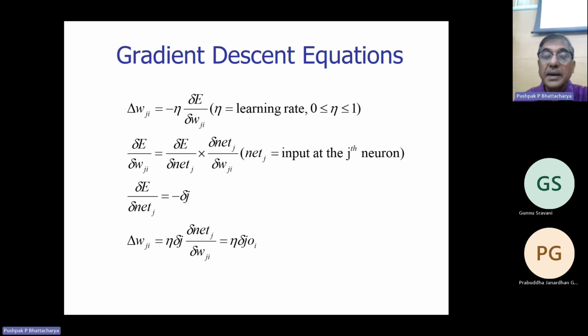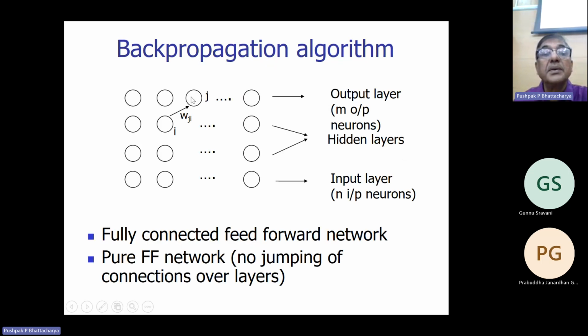Why is it O_i? If you take this neuron, it is receiving inputs from all the previous layer neurons. So net_j is the input arriving at the jth neuron, and this is the dot product of the weight values and the input values, so sigma W_ji times the output from the previous layer neurons.